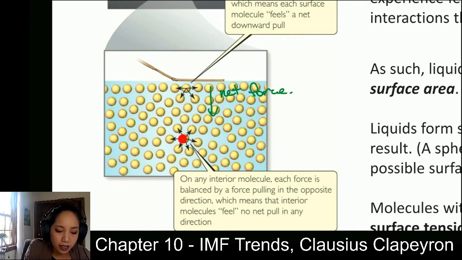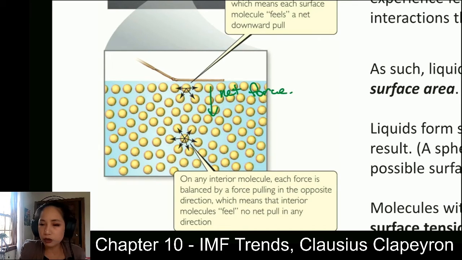So you can see here, in the bulk of our sample, if we think about this molecule in the middle, we'll focus on that middle molecule. There's attractions from this center molecule to the one over here, over here, over here, over here, over here. So all those net force attractions kind of cancel one another out.